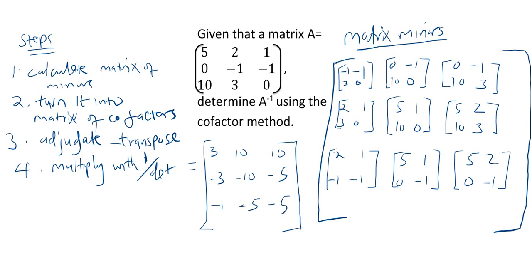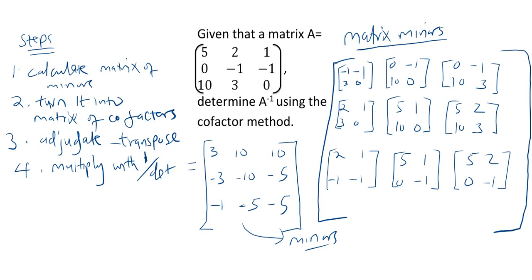What we are doing is just getting the determinant of each of these matrices, product of main diagonal minus product of the other diagonal. We have this. So this is what we call the matrix of minors. So that is step 1. Let's go to step 2.